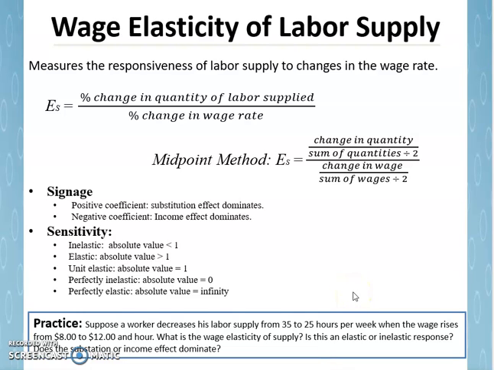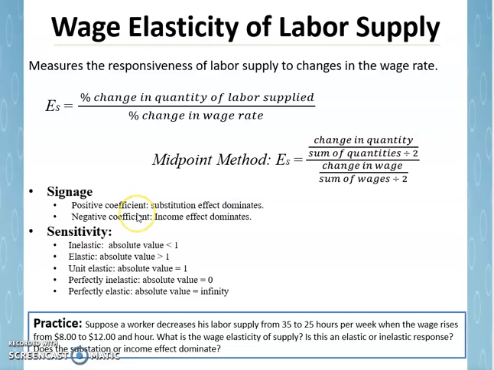Now let's go back to the PowerPoint and work through some important aspects of the wage elasticity of labor supply. Keep in mind as we go through this what our actual elasticity was. Again, it was negative 0.825. Sign matters.